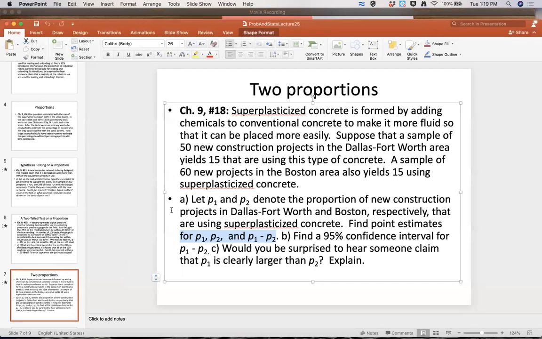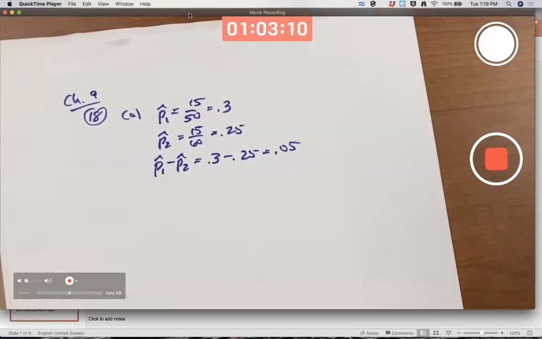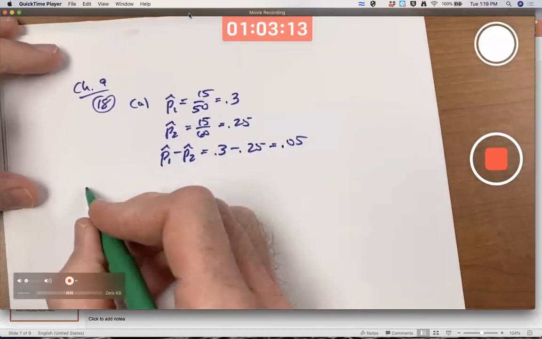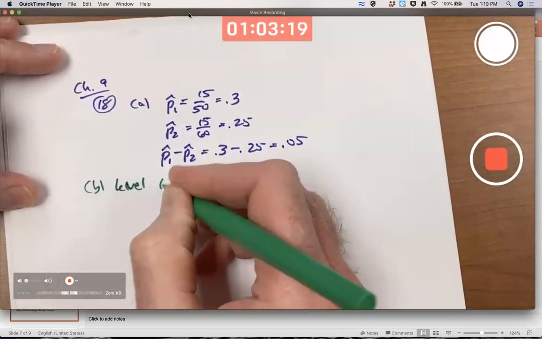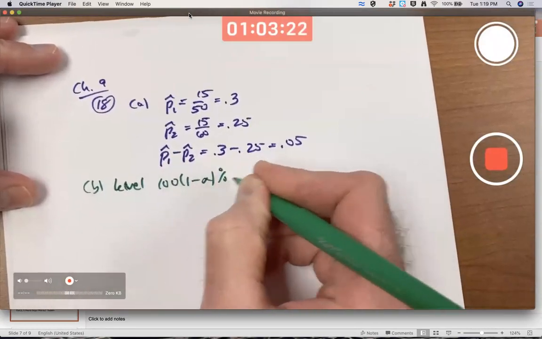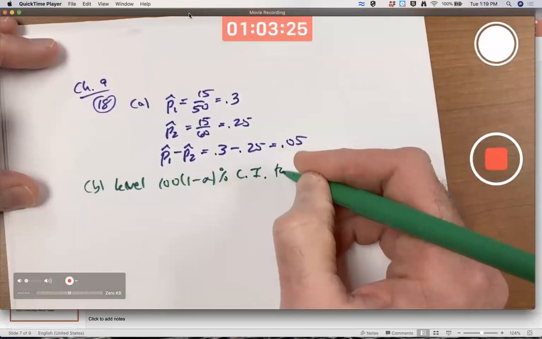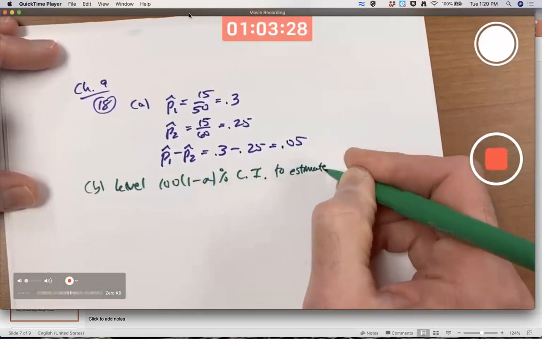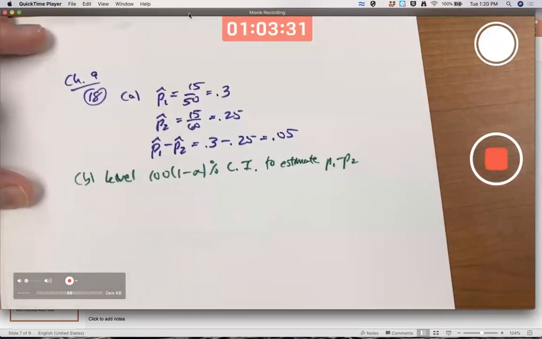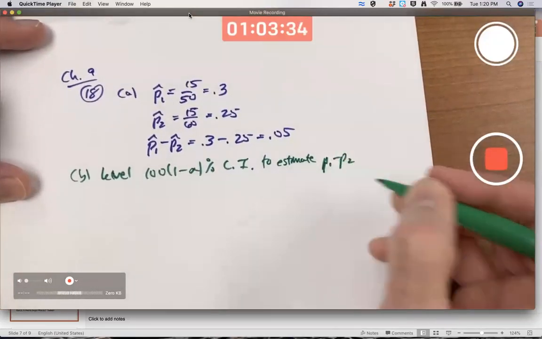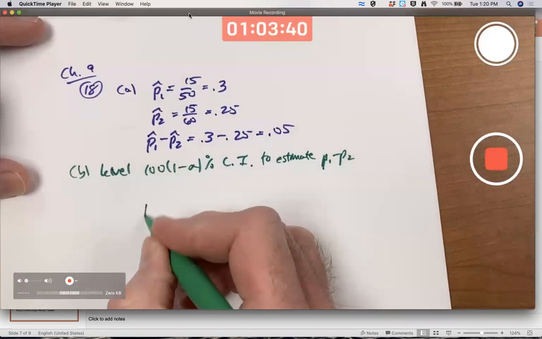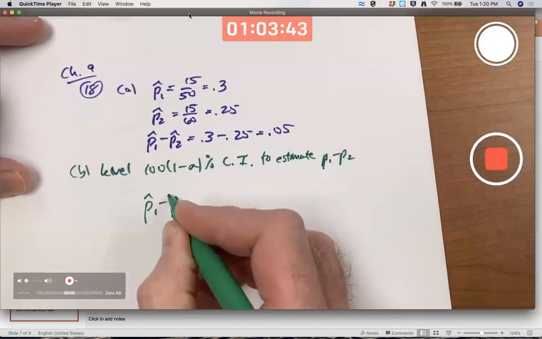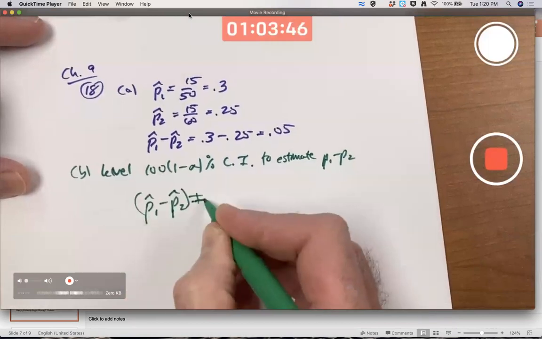Finding a 95% confidence interval for the difference. In general, a 100 times (1 minus alpha) percent confidence interval to estimate P1 minus P2, a difference of two population parameters, which in and of itself could be thought of as a population parameter, is a point estimate, P1 hat minus P2 hat, plus or minus a margin of error.